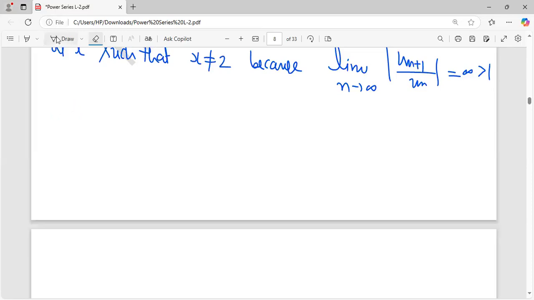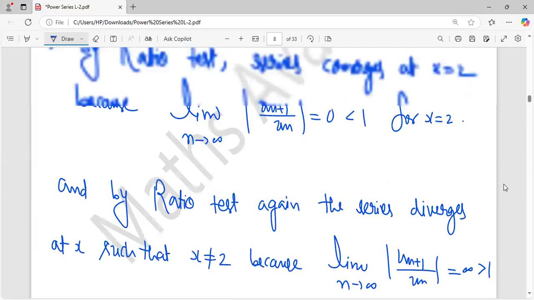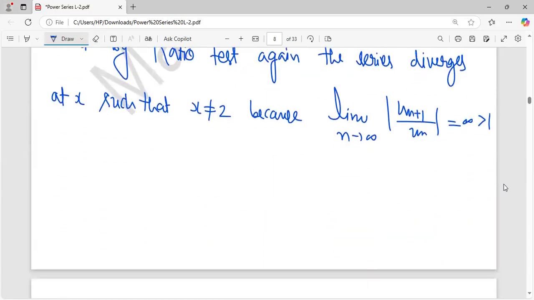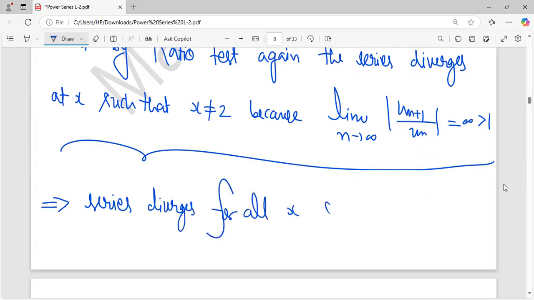So what is the meaning of the second statement? It means the series diverges for all x such that |x minus 2| is greater than 0, because x is not equal to 2.